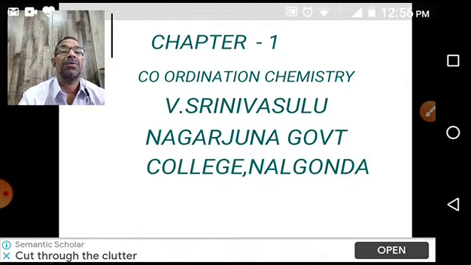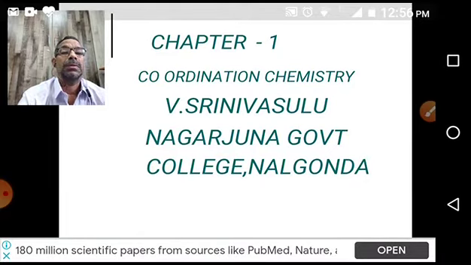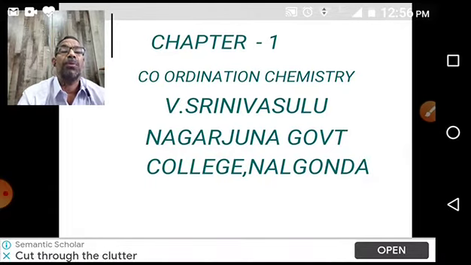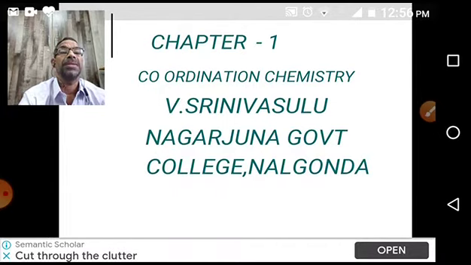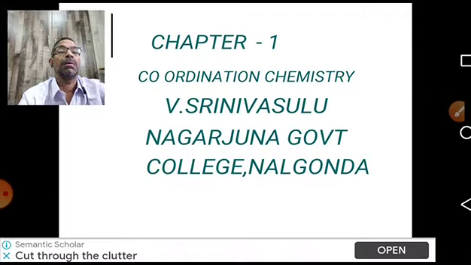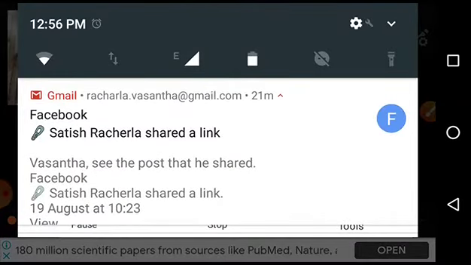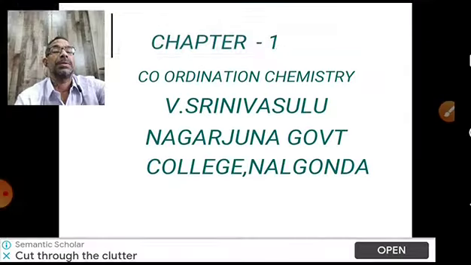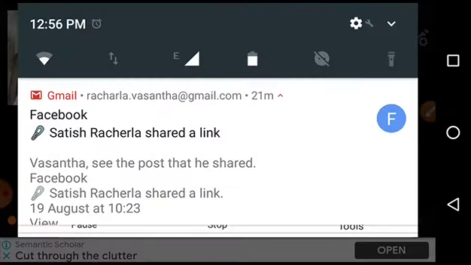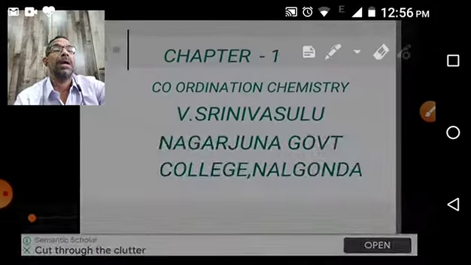So far, we have discussed a short recap: what are coordination compounds, how they differ from double salts, what are the terminology we use in this chapter.